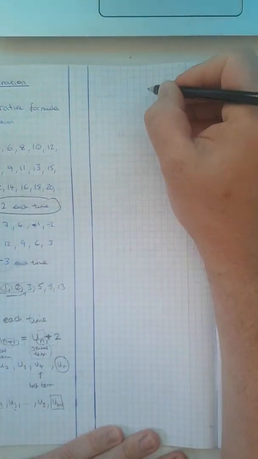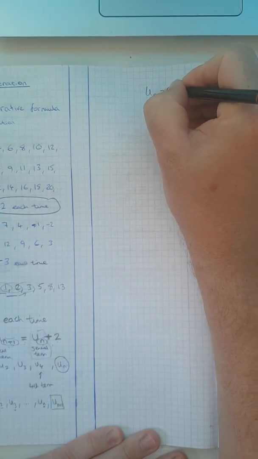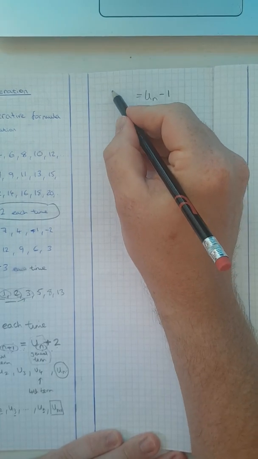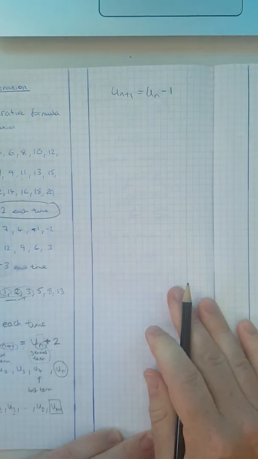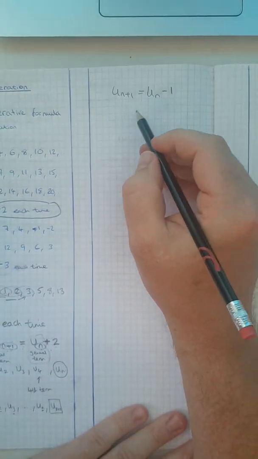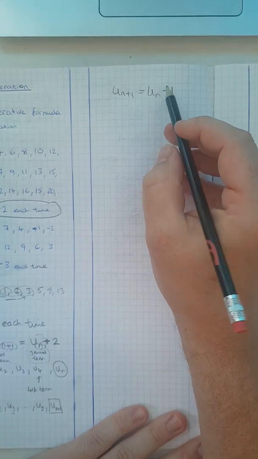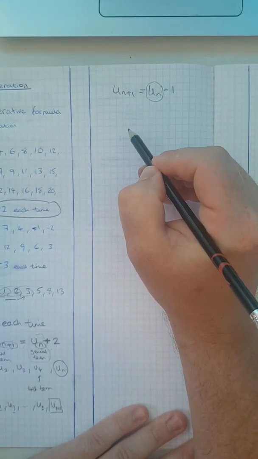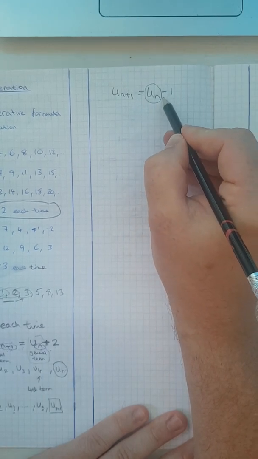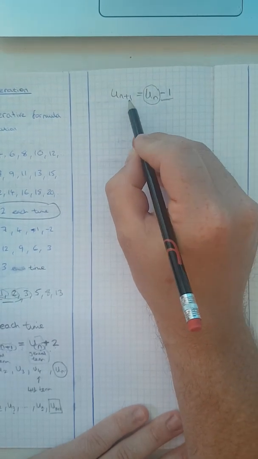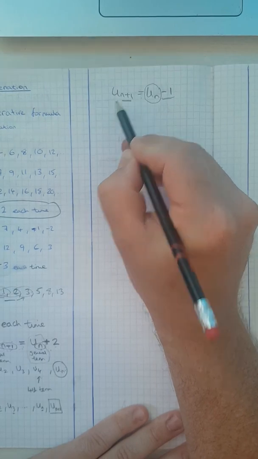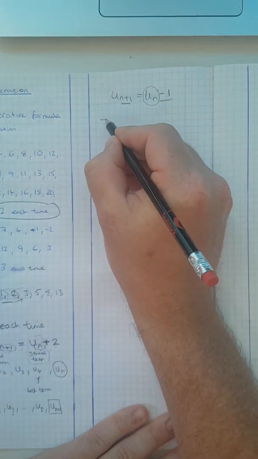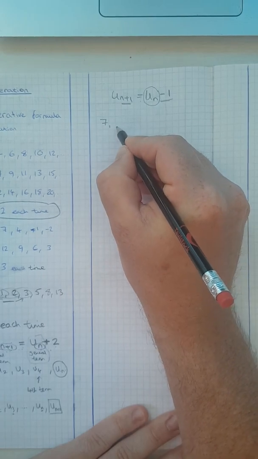So if I said to you, Un take away 1 equals Un plus 1, what does that mean for the sequence? Well, that means any term, when you take away 1, gives you the next term. There's a term.